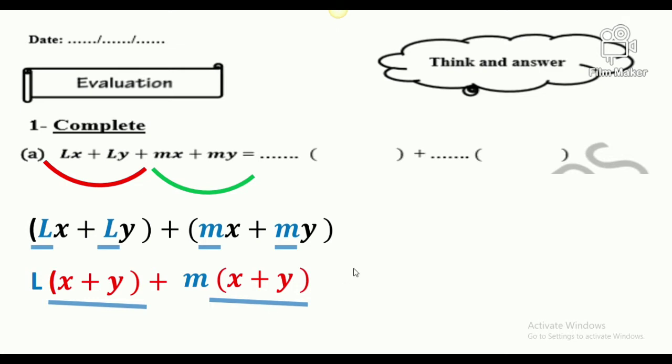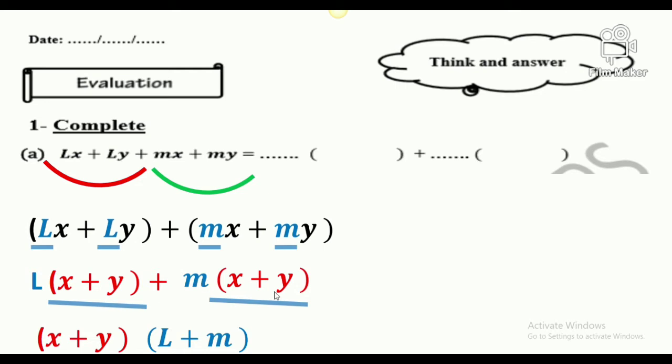Do you note anything here? The bracket is repeated. Now I can take the bracket as a common factor. When you take this bracket x plus y as a common factor, you will open another bracket. The remainder will be L plus M.